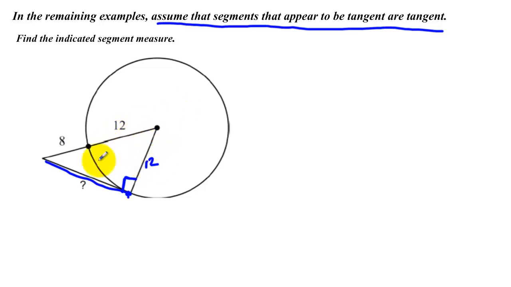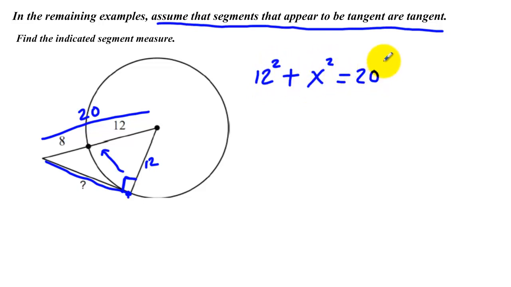And so we're looking really at a Pythagorean theorem problem. Look at our hypotenuse. How long is this whole thing? Whole hypotenuse is 20, 8 plus 12. And so we just get to set this up like in any other Pythagorean theorem. It's going to be 12 squared plus our question mark squared, which we'll call x, set equal to 20 squared. Okay, let's calculate this out. 400 on the 20 squared.